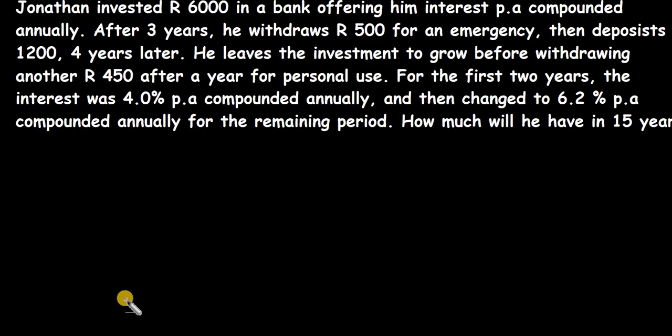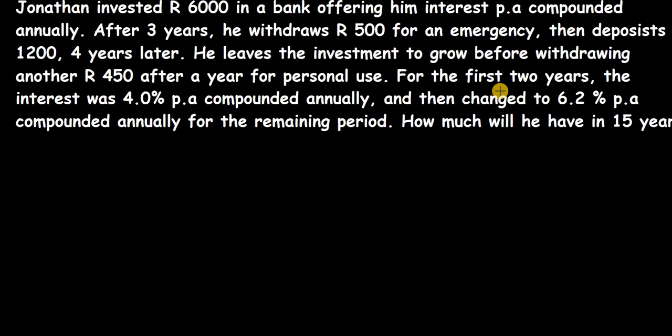So in this question, we're told that now the interest has changed. This question is still just the same question, but you just have a change in interest rate. So I'm just going to repeat what I said: if you see that this guy is investing, withdrawing or depositing after some years, then your timeline should be in years.